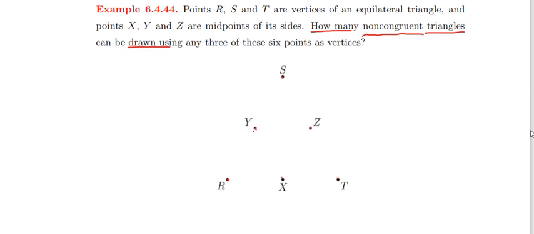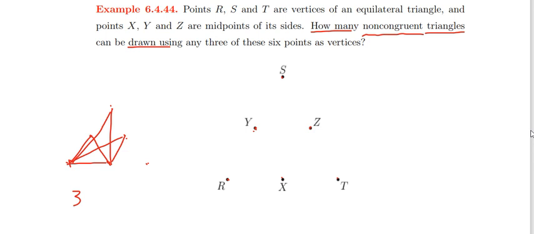So let's count. If we use these 2 points, then we can have this one, and this one, and this one. We just pick another point, so we cannot pick this. So if we choose this, we have 3 triangles.